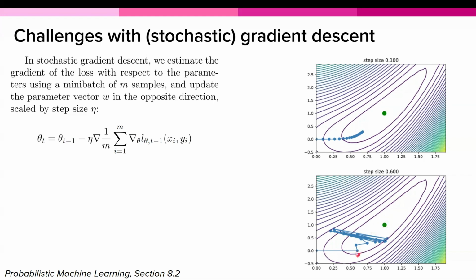We exhibit some overshooting behavior where we're just toggling back and forth along the walls of this valley, zigzagging across it. We're not actually getting to this local minimum. This is a consequence of the step size being large enough that the updates are overshooting. So while the larger step size caused initially fast progress, the erratic movement slows down the overall convergence as the path isn't directed towards this minimum.